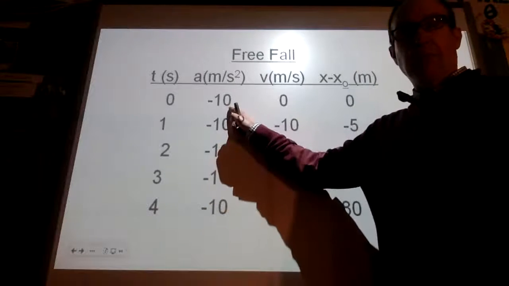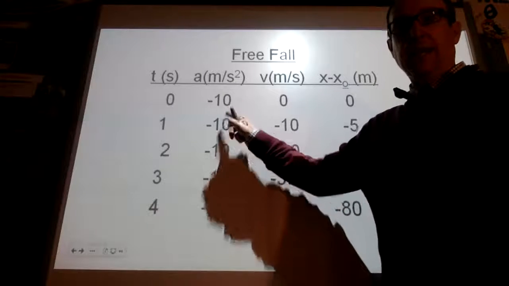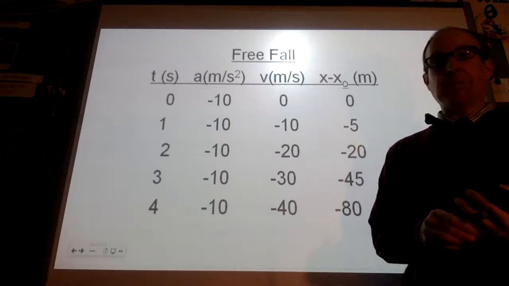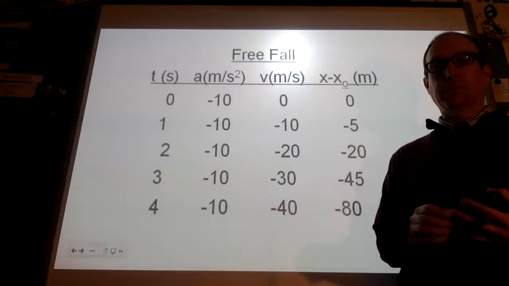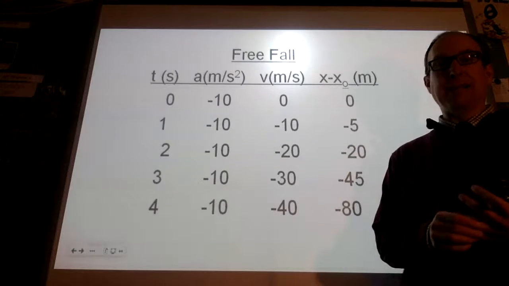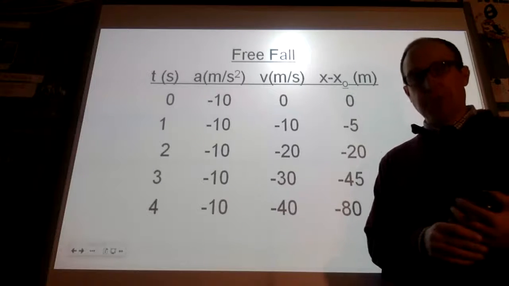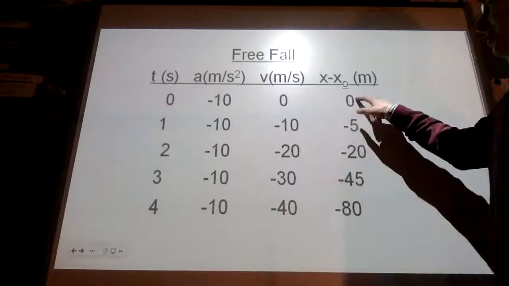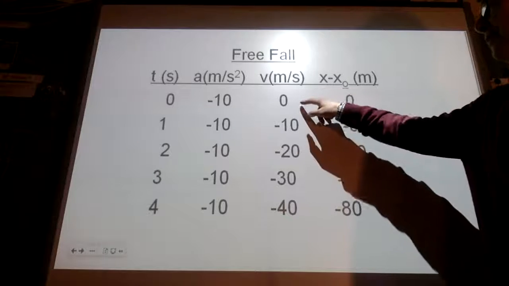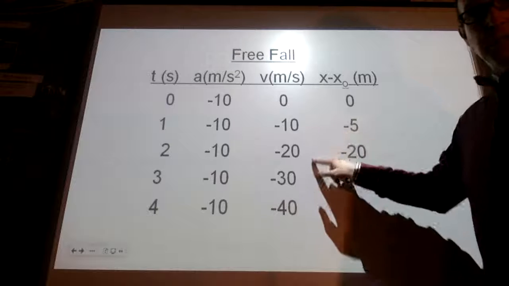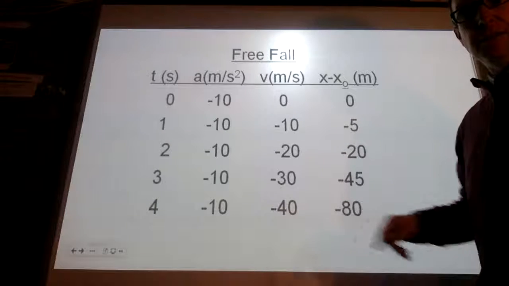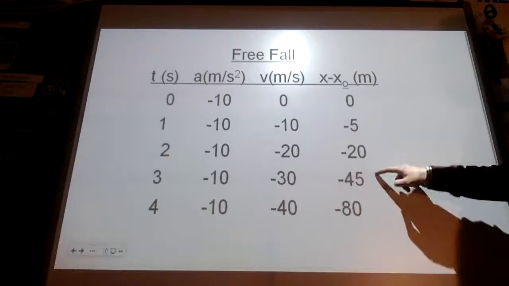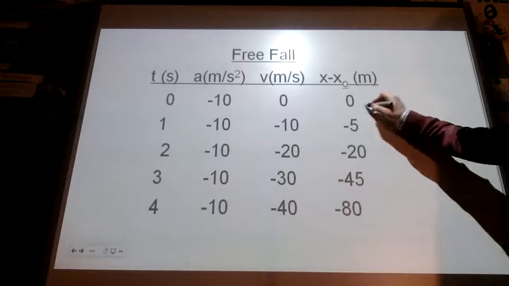As soon as you let go of something, it's important to note that acceleration is -10. So gravity acts at the speed of light, one of the things that we get from Einstein. So as soon as you let go, it goes right to -10. Our velocity is at rest, our position's at rest, and we can see that our velocity is changing by 10 meters per second every second, whereas our position is changing by 5, then 15, then 25, then 35.